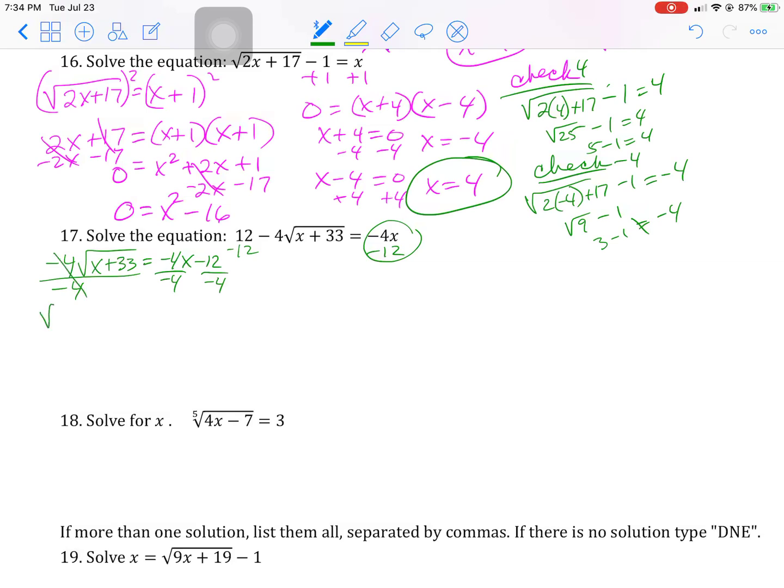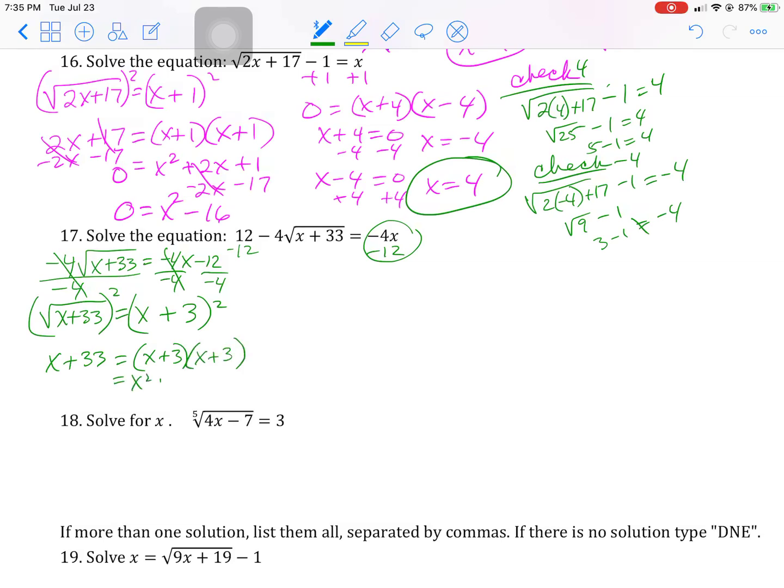They're going to go away, and that's going to leave me with the square root of x plus 33 equals x plus, negative 12 over a negative 4 is a positive 3. Then I'm going to square. That's going to take off the radical sign. And over here, I'm going to need to FOIL.